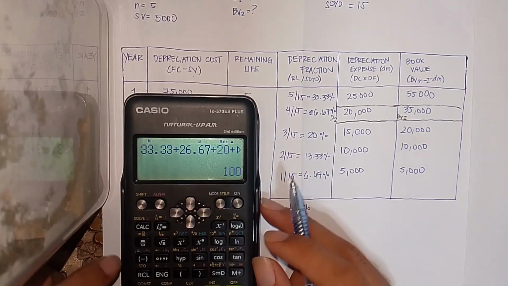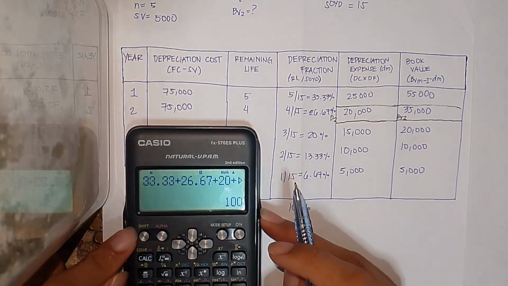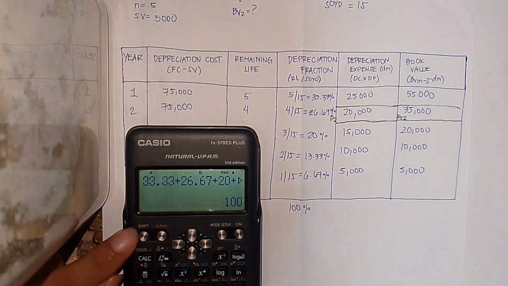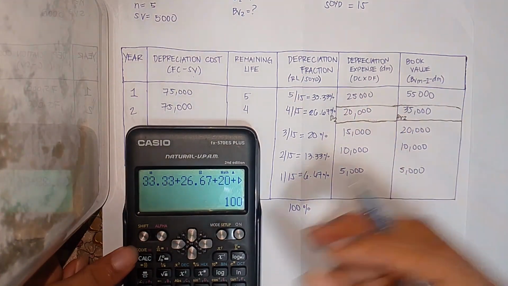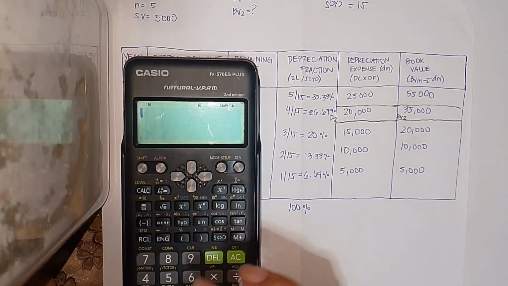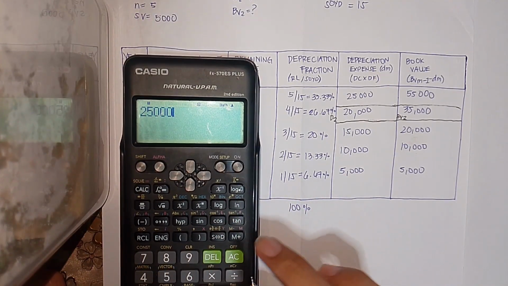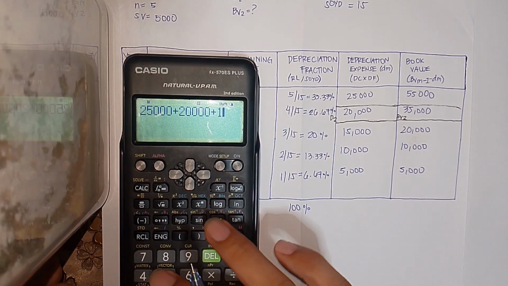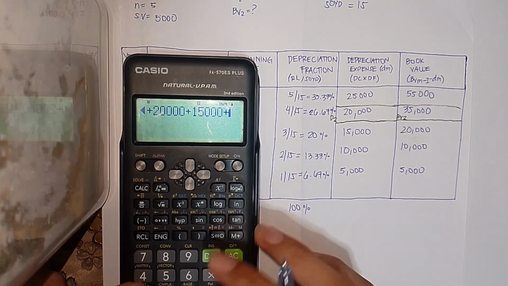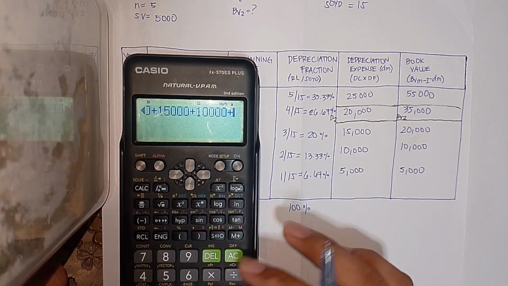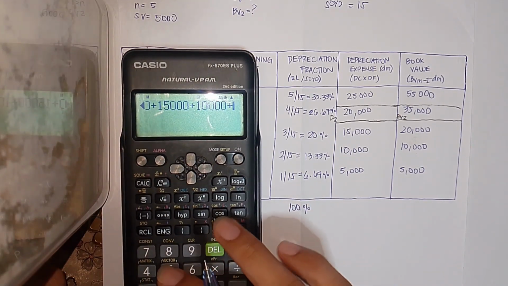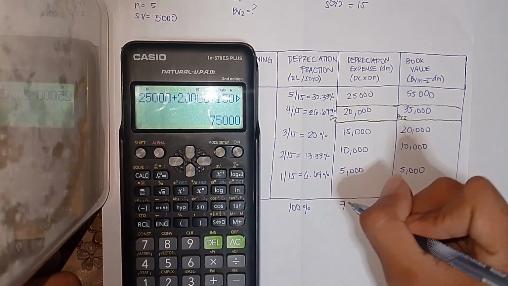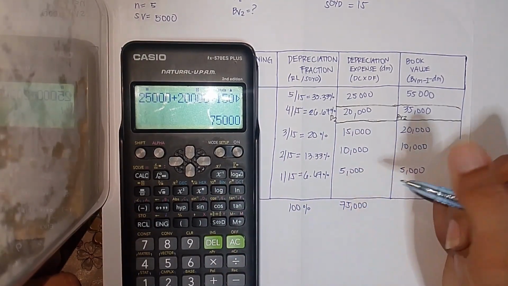Next, to know if our depreciation expense is correct, we need to compute it, and it will be equal to 75,000. Depreciation expense: 25,000 plus 20,000 plus 15,000 plus 10,000 plus 5,000 is equal to 75,000.